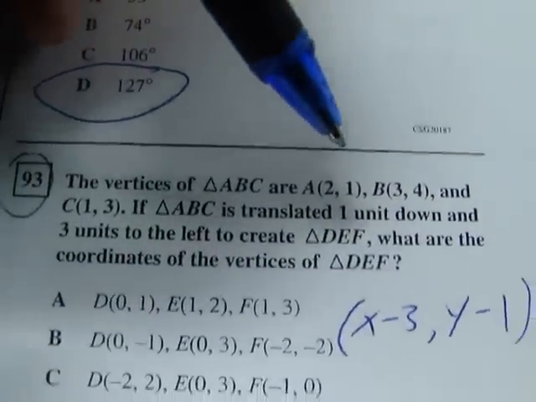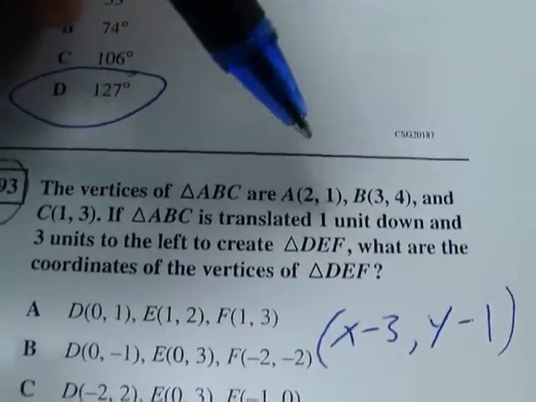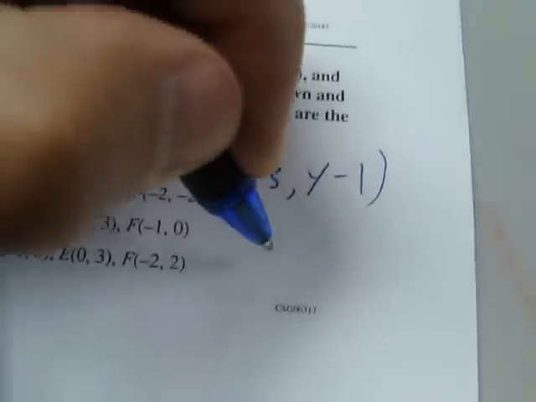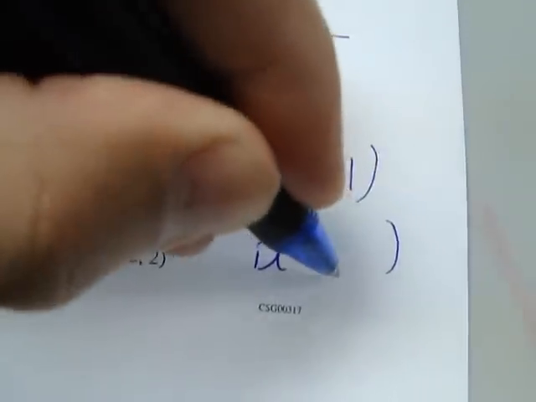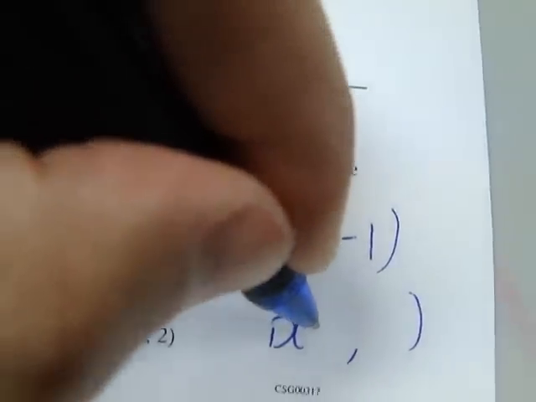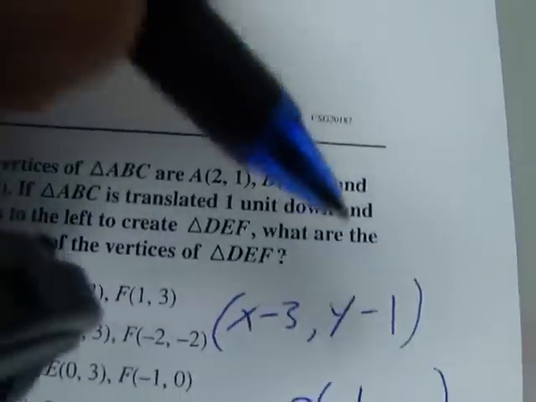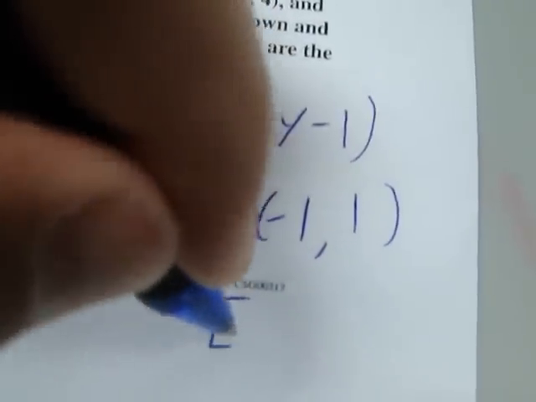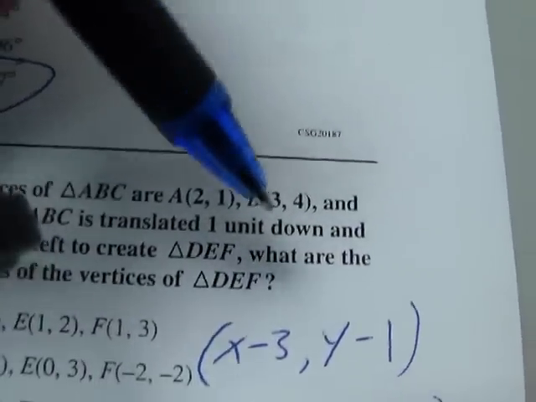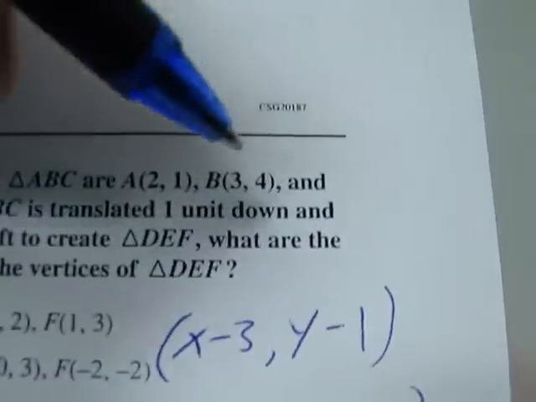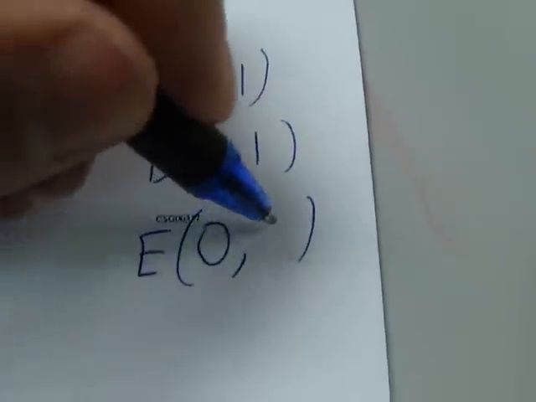I'm going to translate these mathematically one at a time. If A is (2, 1), D corresponds to A: 2 minus 3 is negative 1, and 1 minus 1 is 1. E corresponds to B. B is (3, 4), so 3 minus 3 is 0, and 4 minus 1 is 3.